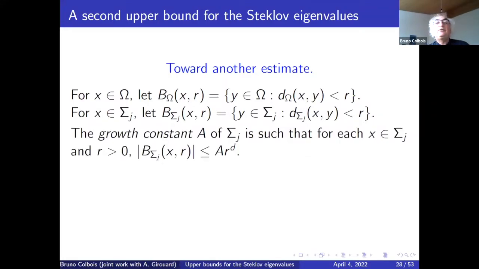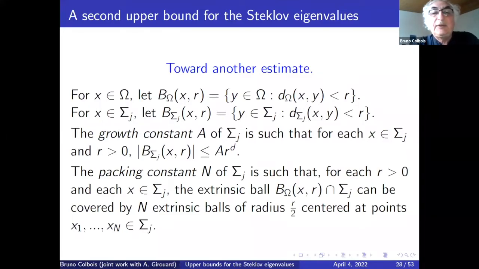And I have to introduce two constants, which we use very often, in fact, when we are doing a metric approach of upper bounds, but which are maybe a little new for some of you. I will try to explain a little about this.